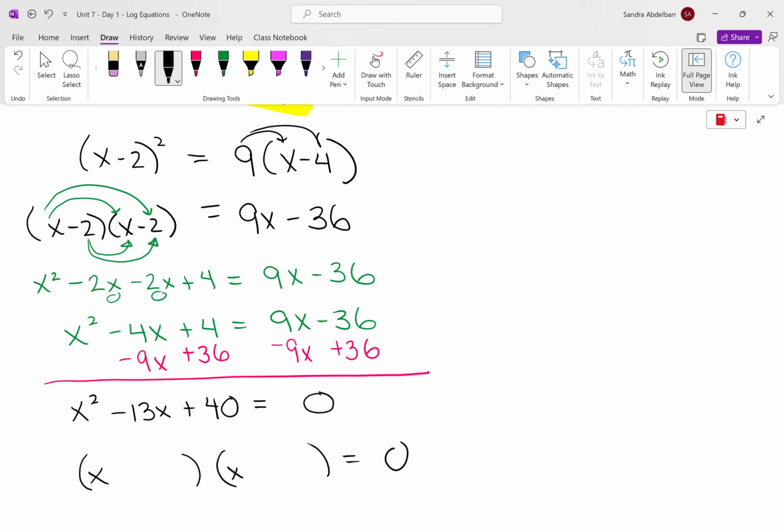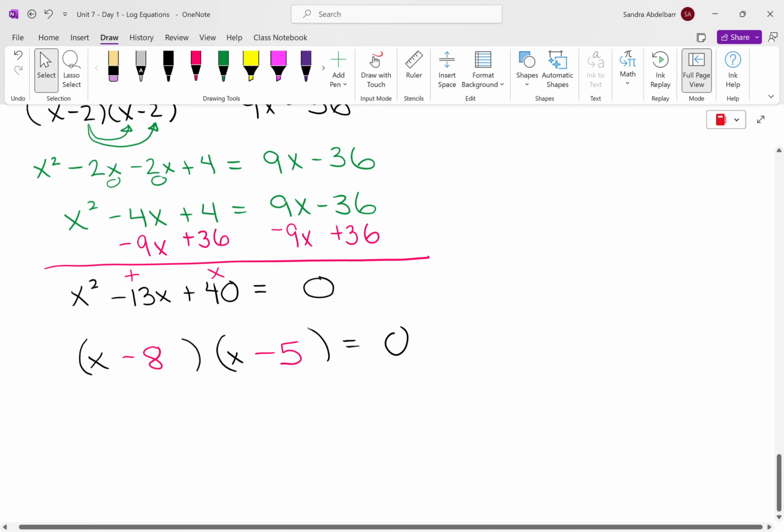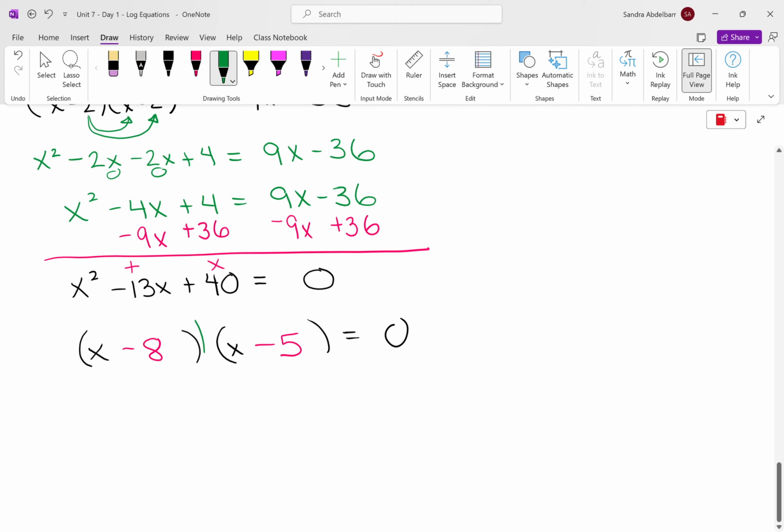So now we factor. I have an x and an x in front. And then I need two numbers that multiply to positive 40, but add to a negative 13. Does that make sense? You got it. Negative 5 and a negative 8. So it's x minus 8, x minus 5. Are these my answers?